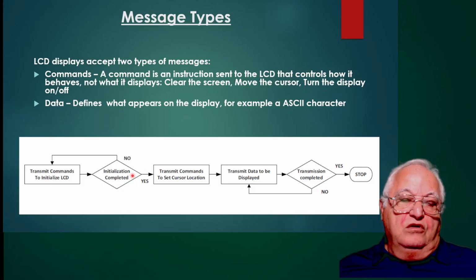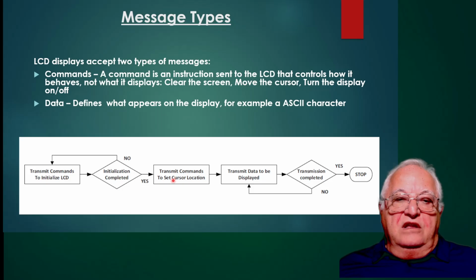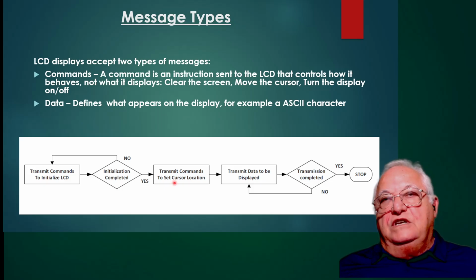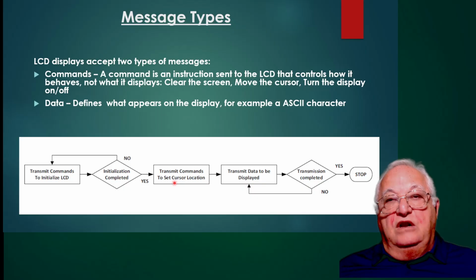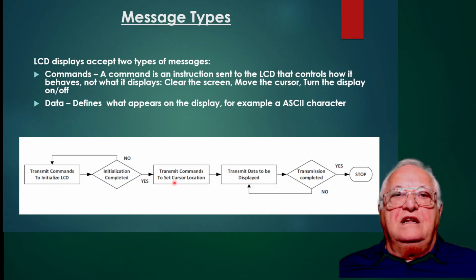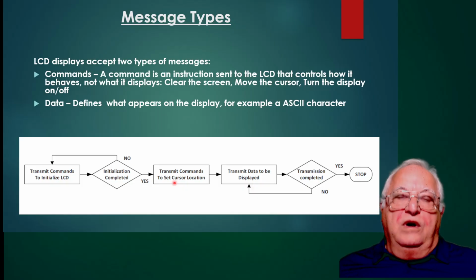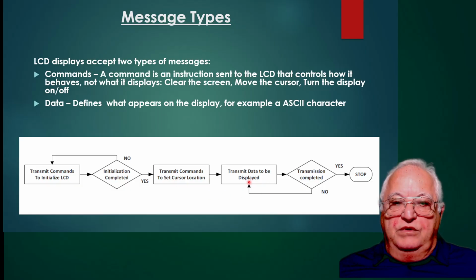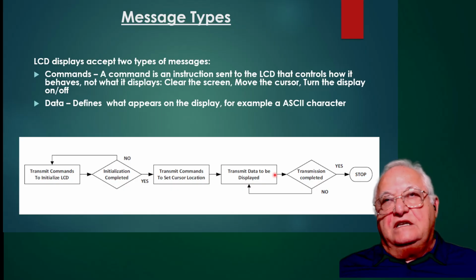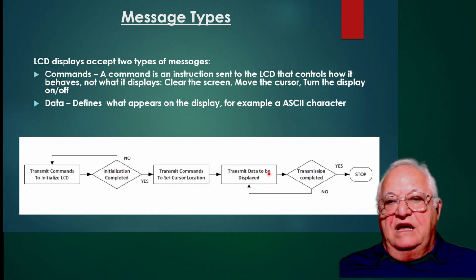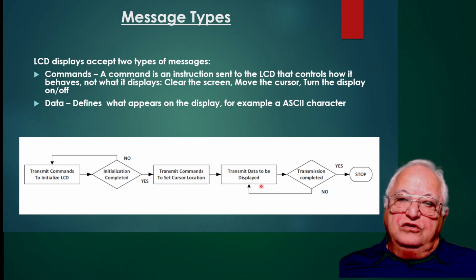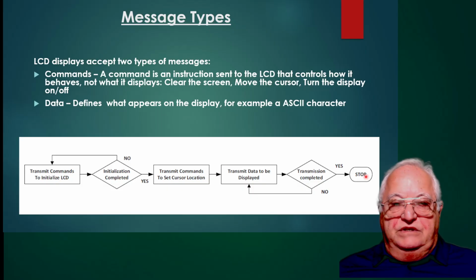So once we send all the commands to initialize the display, then we transmit a command to set the cursor in a location. Basically, by that I mean you tell the display where I want you to start displaying the characters. Then we transmit the data to be displayed as one ASCII character at a time. And then we continue to transmit until we've completed our transmission, and then we stop.